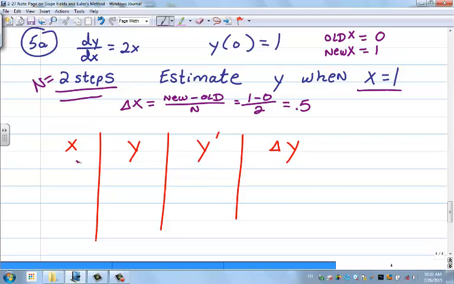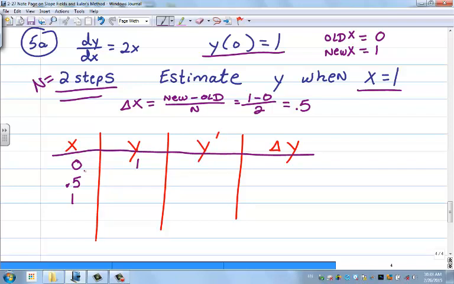So we start at 0, and then our next value will be 0.5, and our next value will be 1. And we already have our initial value, y of 0 is 1, so we put 0, 1 in this column. And so all we have to do is get up to 1.